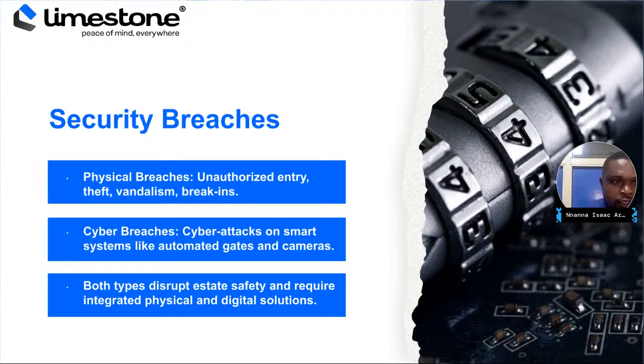We asked the security how the beggar entered the estate. So how do we manage such a thing? We have unauthorized entry, theft, vandalism, and break-ins. These are just examples of physical breaches.